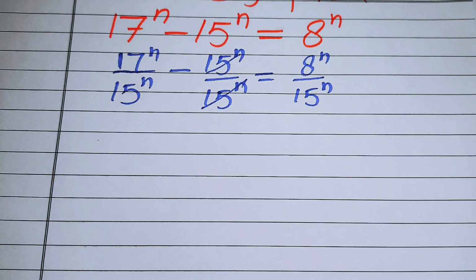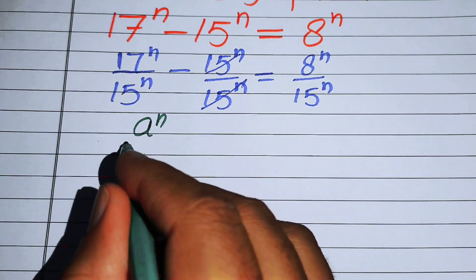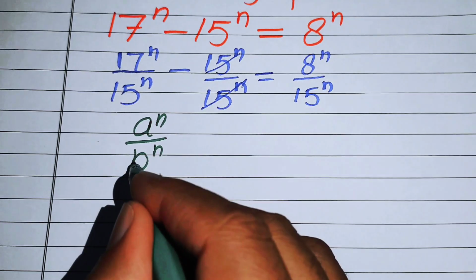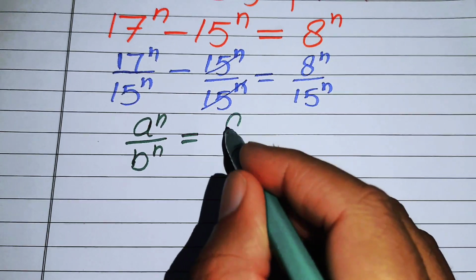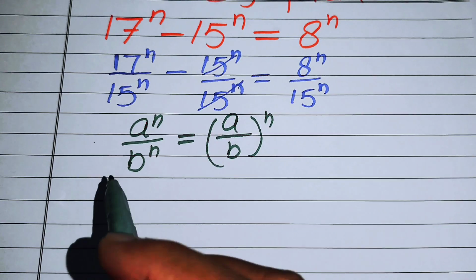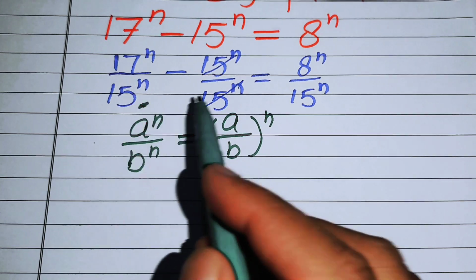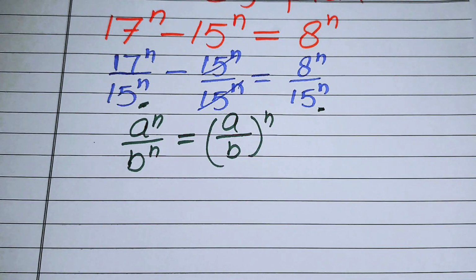Now we can use the nice exponential law on the left and right hand sides. If we have a to the power of n over b to the power of n, it equals a over b, and its whole power n. According to this law we will combine the exponents of these terms.